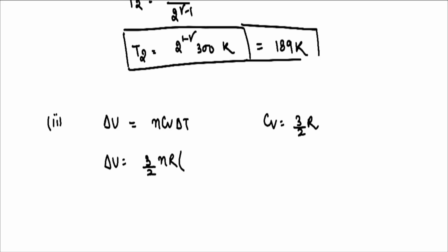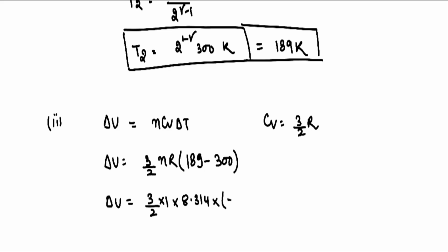So the change in temperature can be written as 189 minus 300. The number of moles is also given in the question, which is 1 mole: 3 by 2 into 1 into the value of R, 8.314, into 189 minus 300.